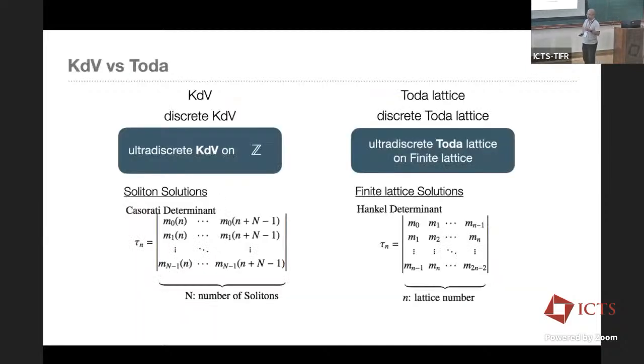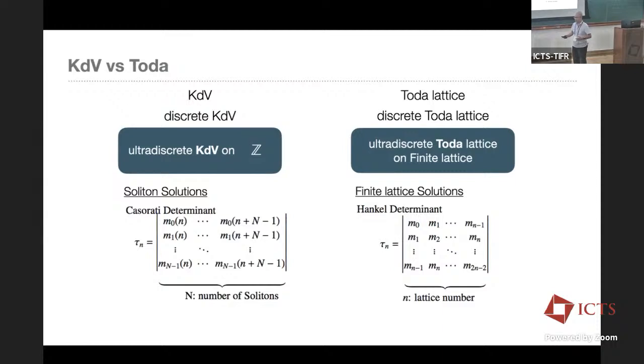I also want to stress the difference between the KdV type equation and the Inoue Toda on a finite lattice. Usually the KdV on the infinite lattice has soliton solutions.